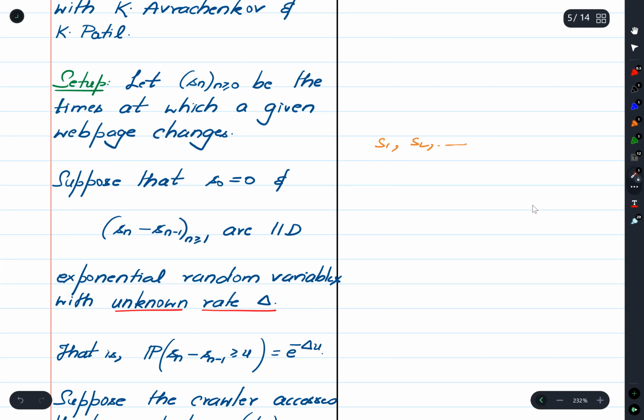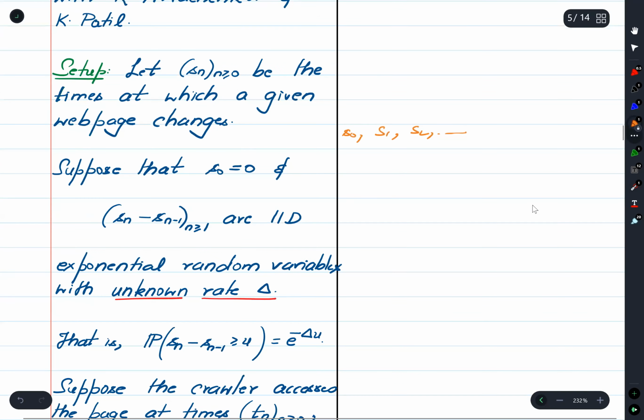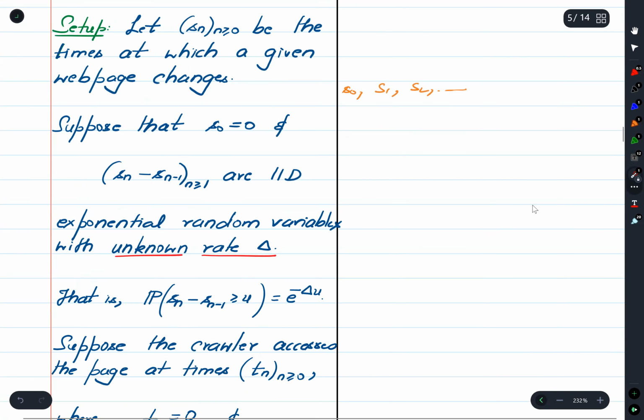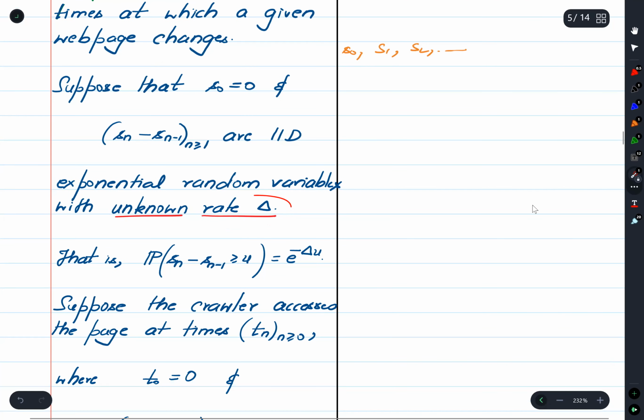We will presume that the gaps between S_n and S_{n-1} are independent and identically distributed exponential random variables with unknown rate delta. Which means that the gap between S_n and S_{n-1} is an exponential random variable with rate delta, so if you look at the tail distribution, the probability that the gap exceeds u equals e raised to minus delta u.